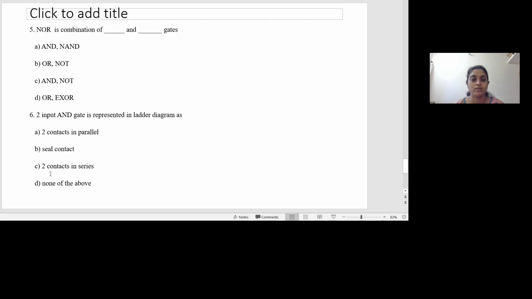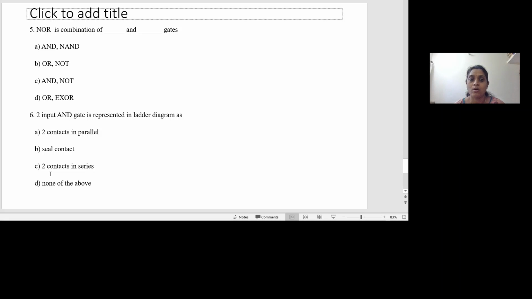So this will end our present session. In the next session, we'll be covering some more logic circuits, which are a combination of AND, OR, NAND, NOT gates, and given that logic circuit, how you can convert it into a ladder diagram.